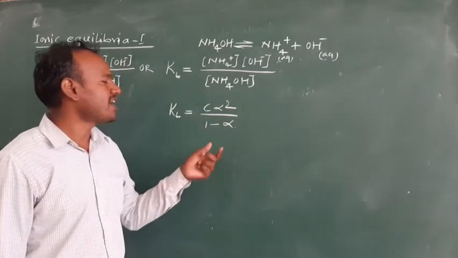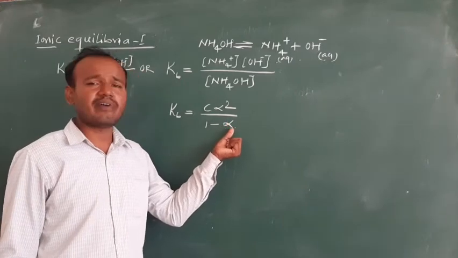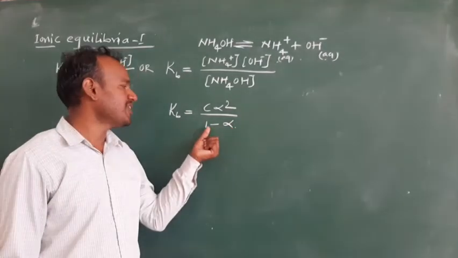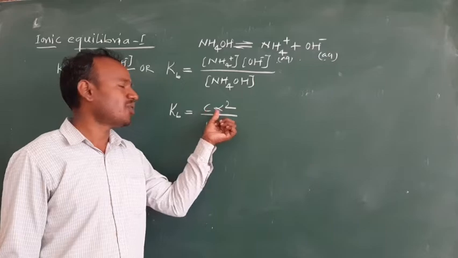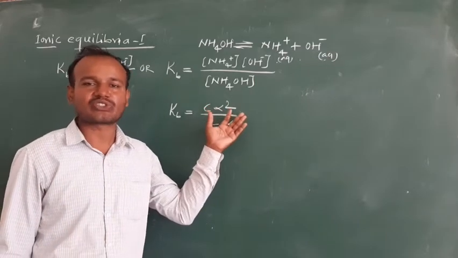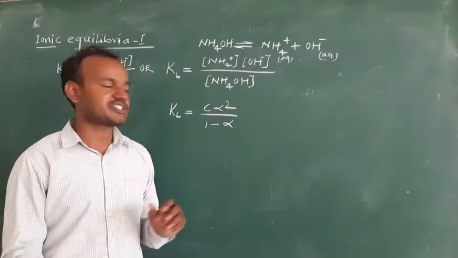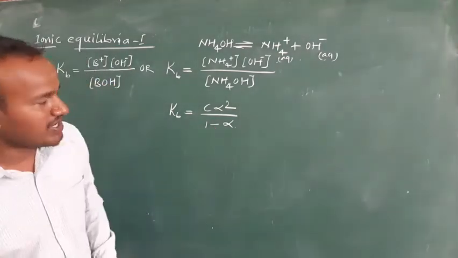For a weak base under very dilute conditions, alpha becomes negligible, so we take 1 minus alpha as nearly equal to 1, and the only expression left is C alpha square. That is not for all, only for weak electrolytes under dilute conditions we can take that value in that way.